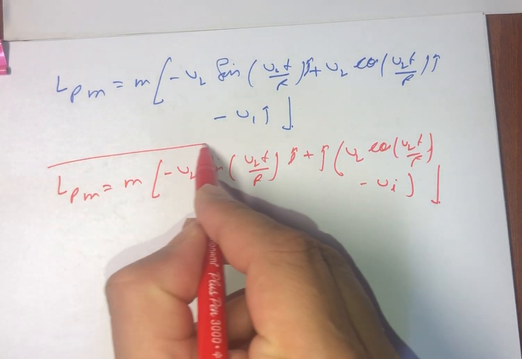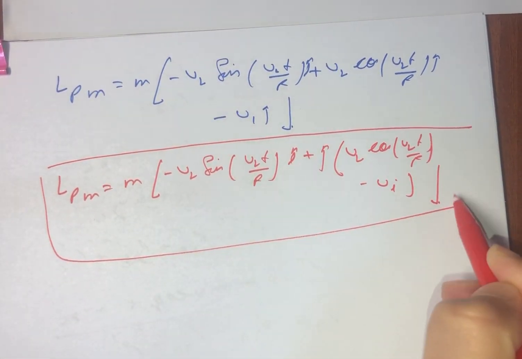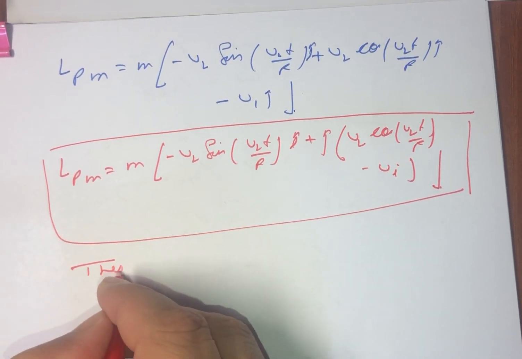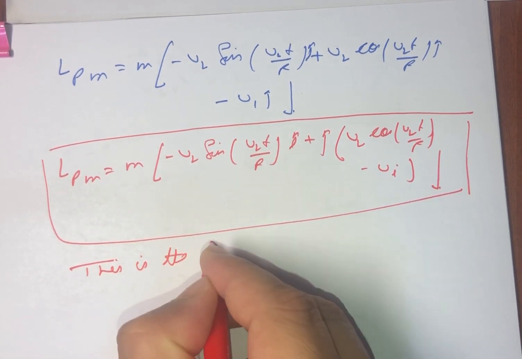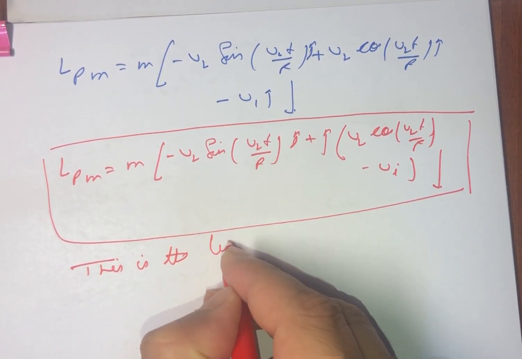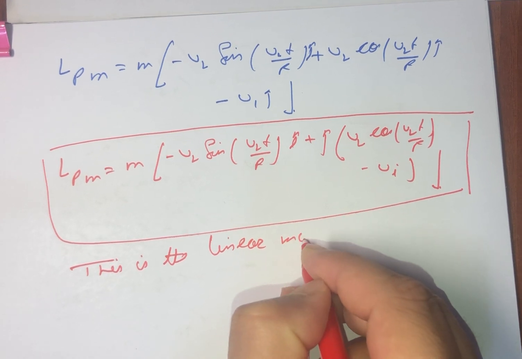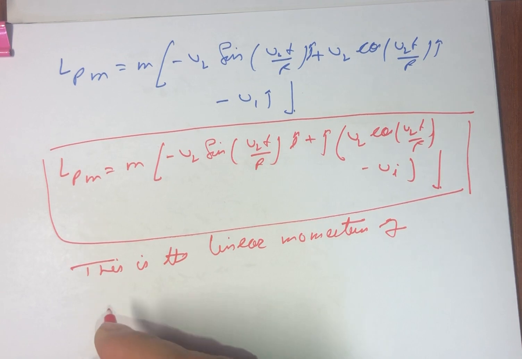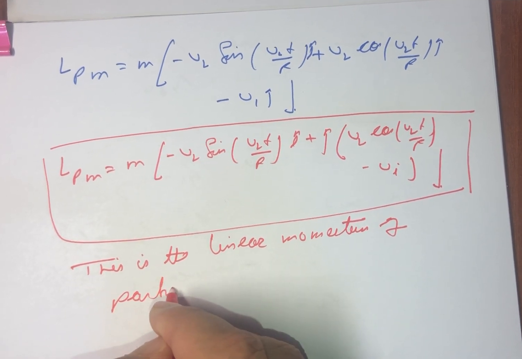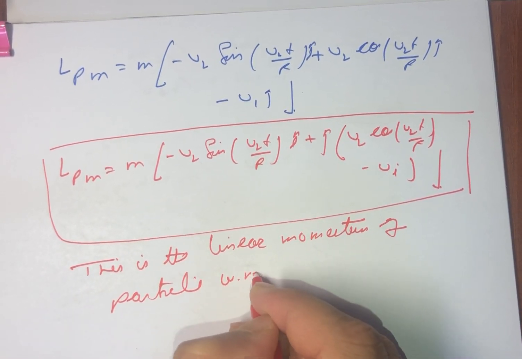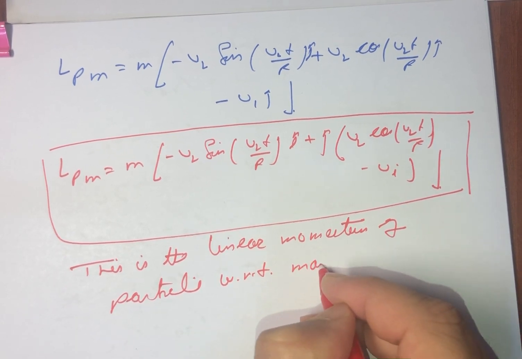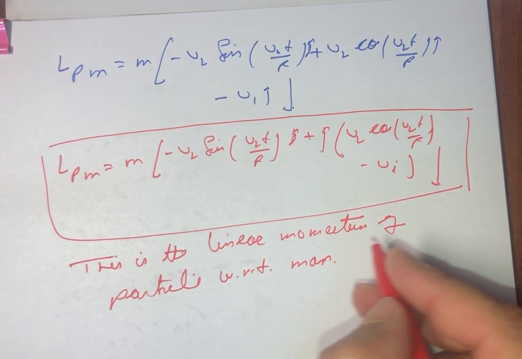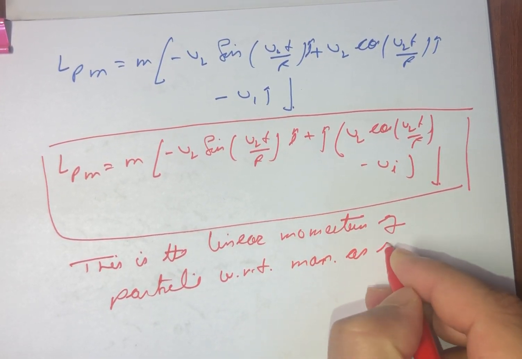So this is the linear momentum of the particle with respect to man, and it is asked as a function of time.